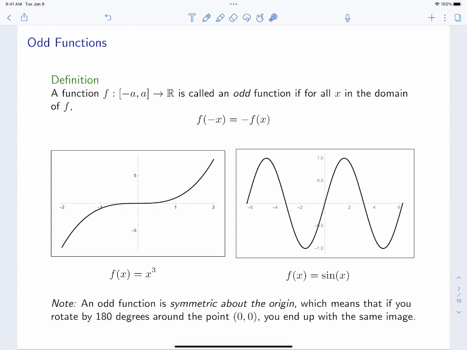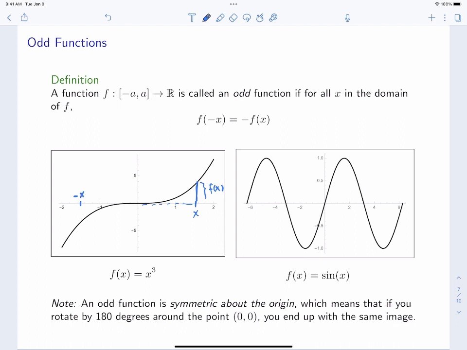Now, the idea behind the defining equality, f at negative x is equal to the opposite of f at x. The f value gives you the y coordinate. So if you think of x being a positive number, then f at x is the y value you get if you move to the right by x units. So suppose that x in our first diagram is right here. If we move to the right by x units, then we move up by a certain amount, and that amount is f at x. Now, we can also move to the left by x units, and that takes us to negative x, which is right here.